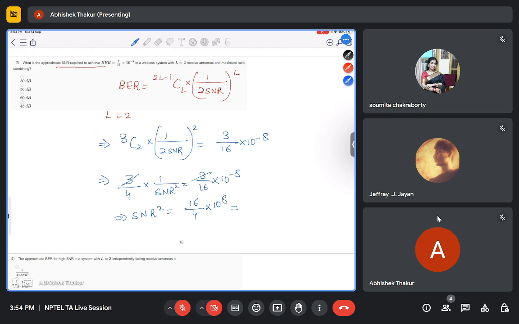So it will be 3 by 4, so SNR will be 2 into 10 to the power of 4.